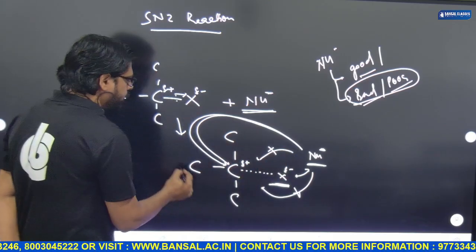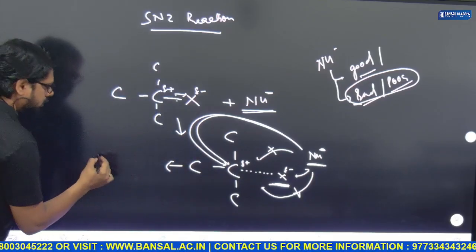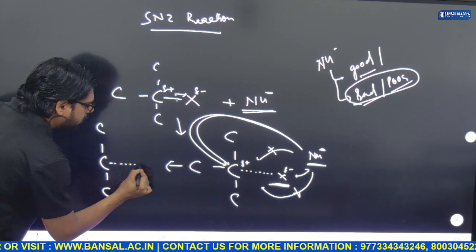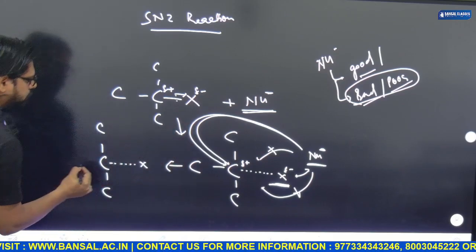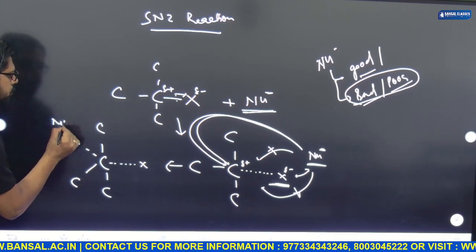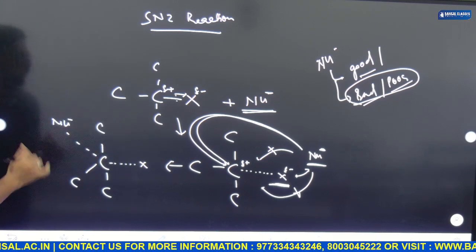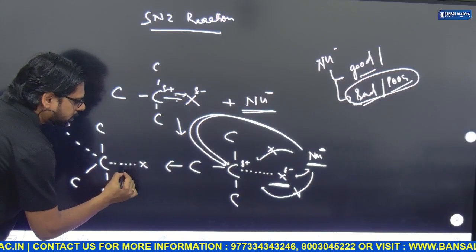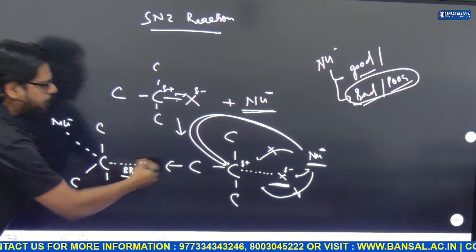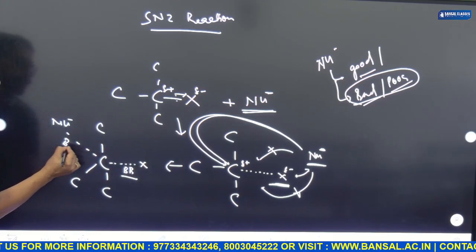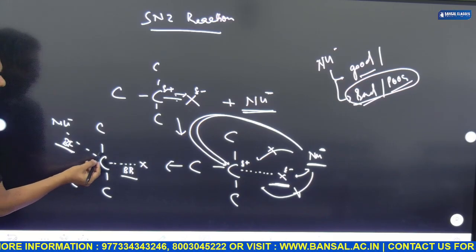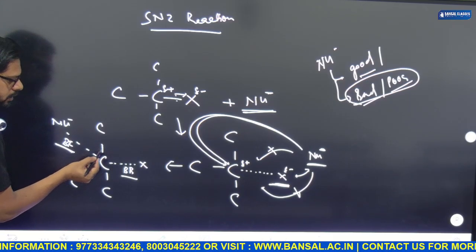So now in this system, what will happen? This X will get away and this nucleophile will get attracted. So basically this is a bond breaking scenario. Here a bond is breaking and here a bond is formed. Now let's count the number of carbon bonds.